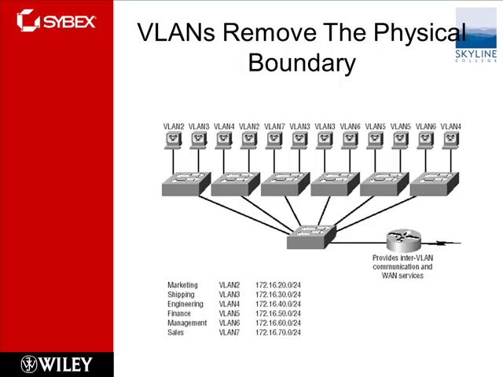VLANs remove the physical boundary. We have multiple switches, and these switches could be any place within our network, as long as we can connect them with ports called trunk ports and tag the information. It wouldn't matter where it's going to go.